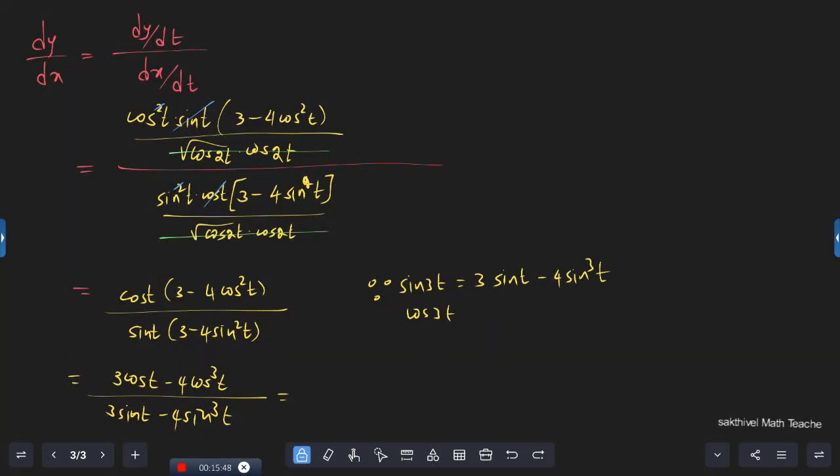Even cos 3t I also need. For cos 3t, what will you get? 4 cos cube t minus 3 cos t. This is the formula, right?